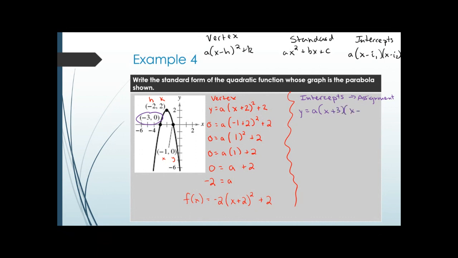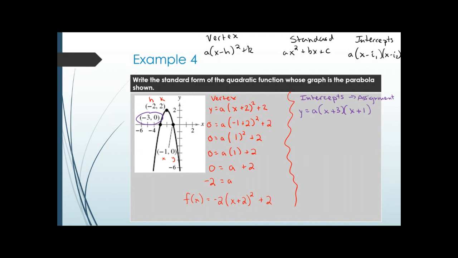And then x minus the -1, which becomes a +1. So you're just taking the x values of the vertex, and then you're basically flipping the signs and putting them in, kind of undoing the factoring and the solving. Or I said the x values of the vertex, I meant the zeros or the intercepts.